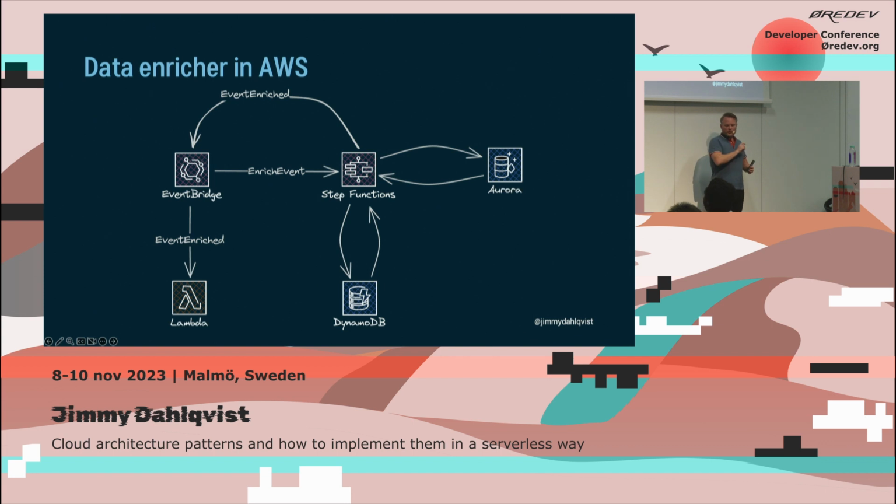So what we do is we post a message, say, enrich event, onto Step Functions. A step function would then call DynamoDB, Aurora, and so on, and add information about the customer onto the event, onto an envelope, post it back to EventBridge, and EventBridge can then send the message on to the next service that's interested in the saga or in the pattern.